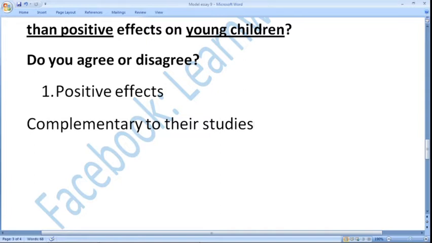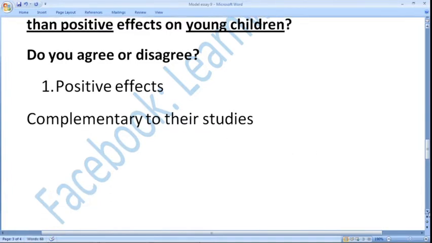So for example, when they are studying and there is any problem, any word or statement that they don't understand, they can search on the computer.